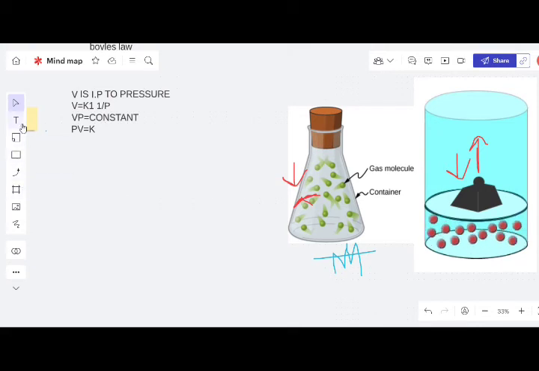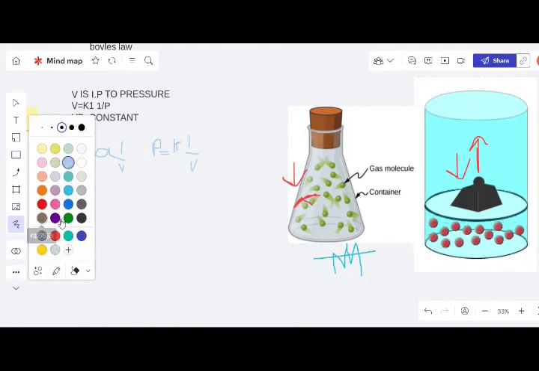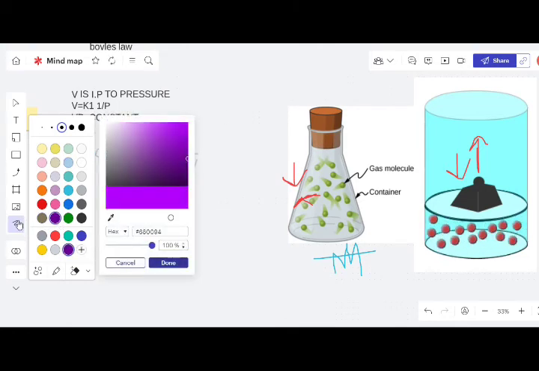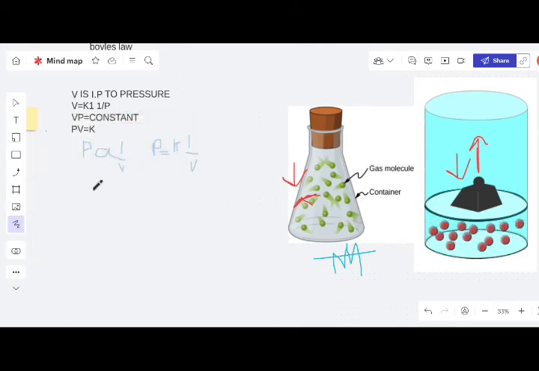The first graph is a relation where pressure is inversely proportional to volume. After removing the proportionality sign, we have a term k times 1 upon V. So what will the graph be?